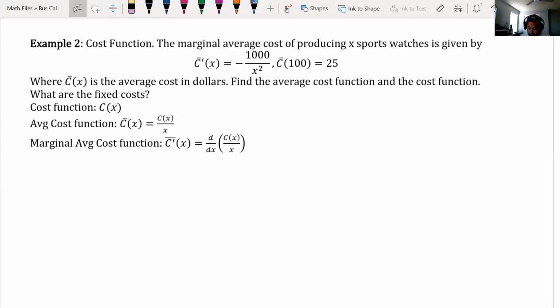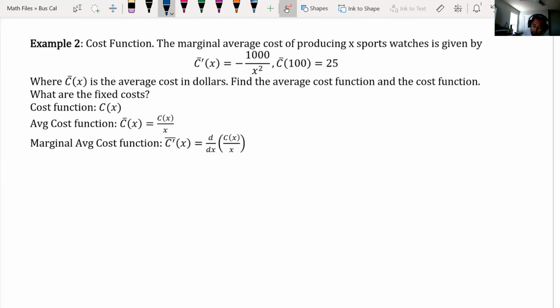Oh boy. So here's a little 1324 review. Cost function is C of x. And remember, the average cost function is C of x over x. What we learned during this semester is that you can have a marginal average cost function, and remember, the word marginal just means derivative.